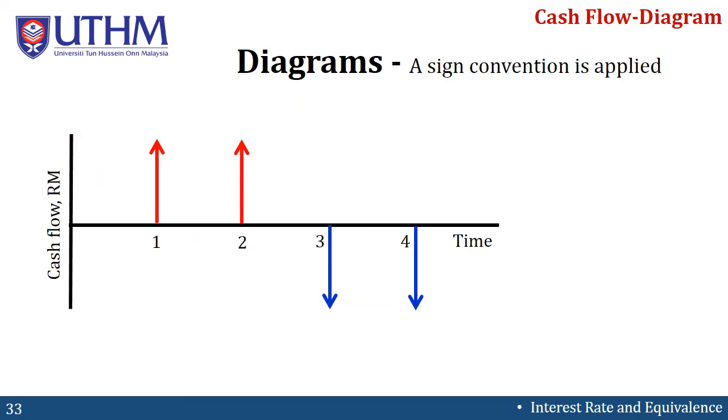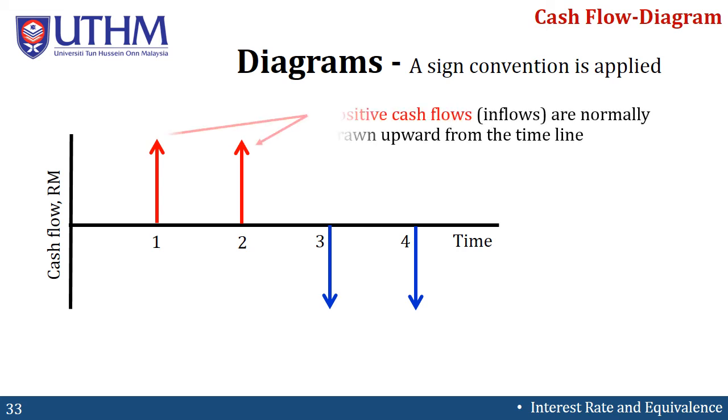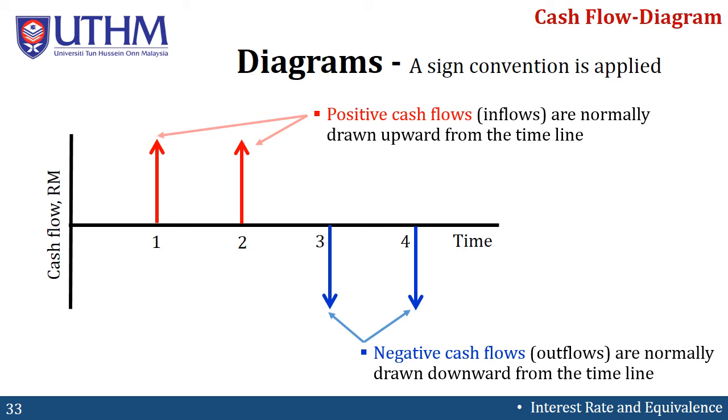But how to represent it in the cash flow diagram? Actually a sign convention is applied. For this case, the red upwards arrow represents the positive cash flow, inflows, normally drawn upward from the timeline, and the blue one, downwards, represents the negative cash flow or outflows. It is normally drawn downwards from the timeline.